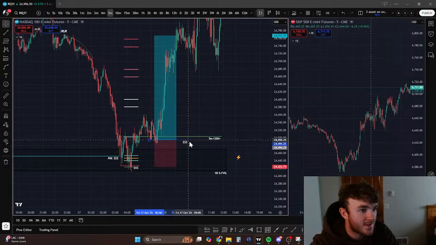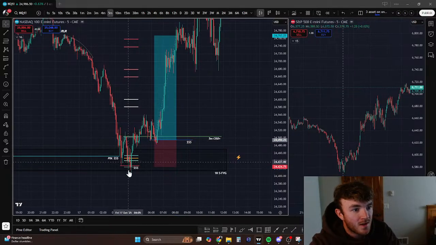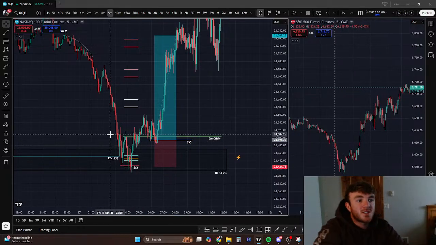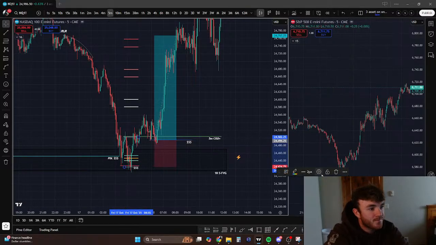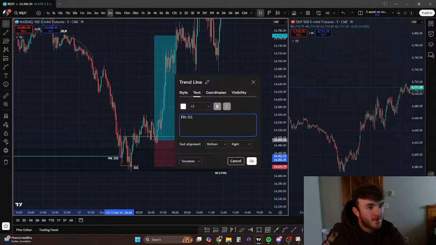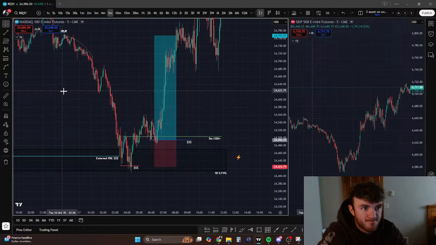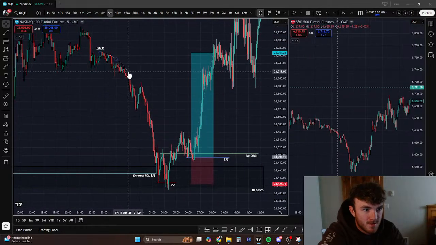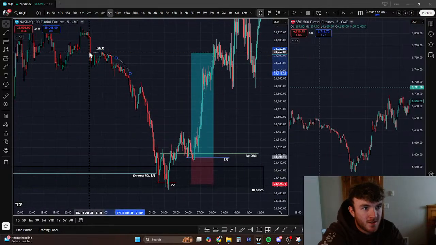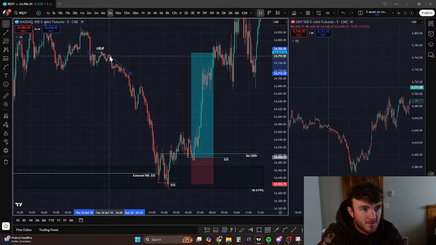Okay, so entry via an inducement of this low. 5-minute order block projection. So external sweep of previous day's low. Honestly, let's mark out the LRLR like this. The whole thing.